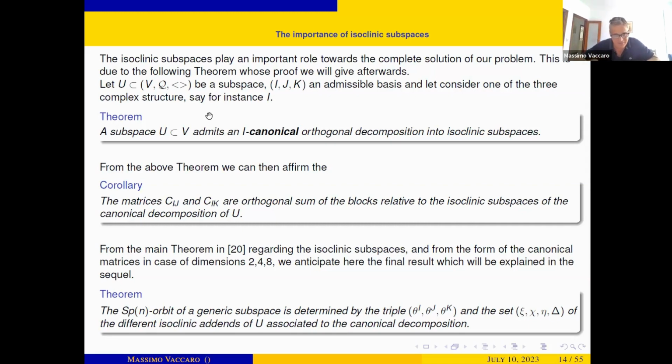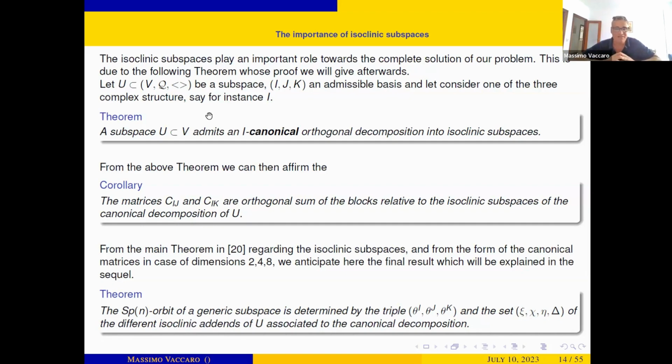The final result is that the Sp(n) orbit of a generic subspace is determined by the triple theta_i, theta_j, and theta_k, which are the principal angles between U and IU, U and JU, U and KU, and by the set of these four numbers, xi, kappa, eta, and big delta, of the different isoclinic addends of U associated to the canonical decomposition.